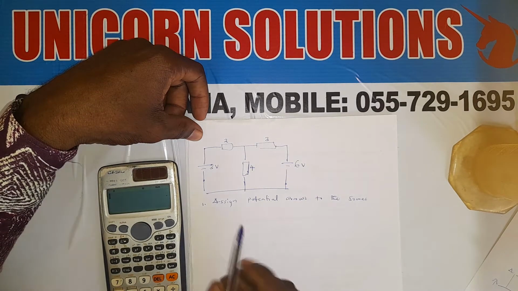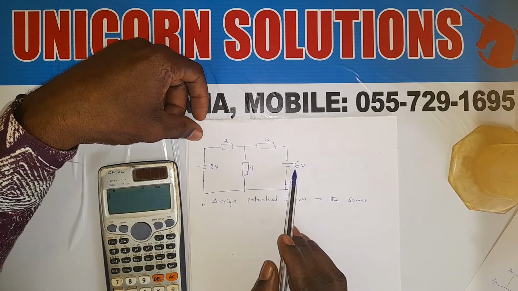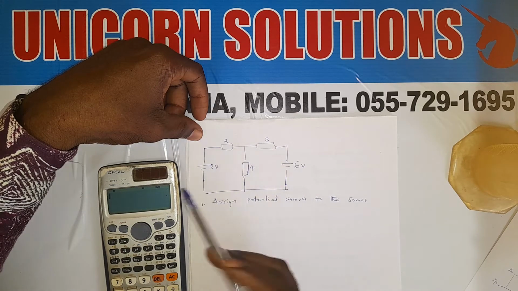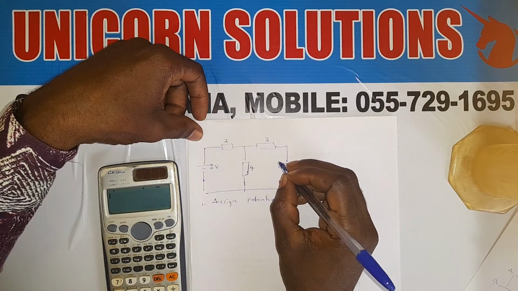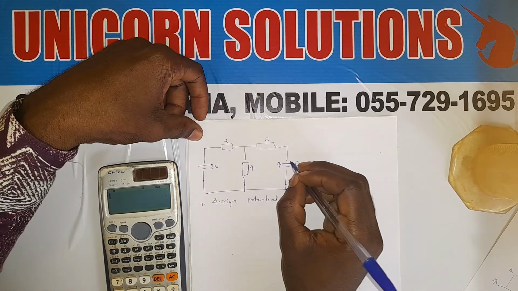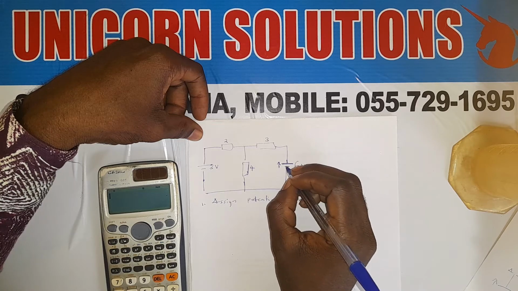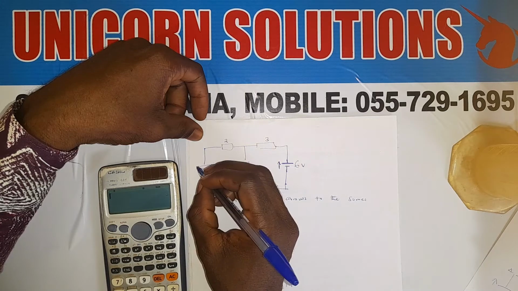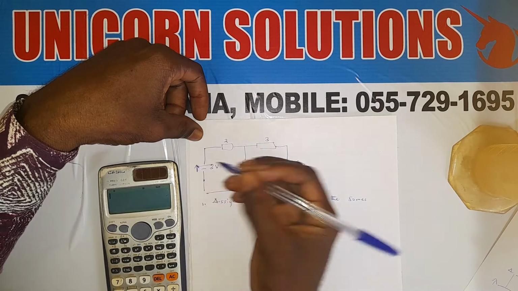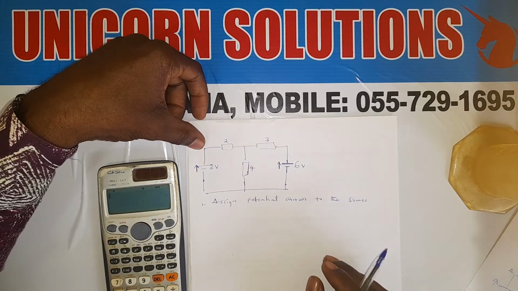Whenever you want to assign a potential arrow to a source, whether it is a battery or any AC system, you always let the arrow point to where the positive terminal is. So when I take this system, I have the positive terminal to be here, so I will assign my potential arrow this way. Then this one too, I assign the potential arrow in that order.